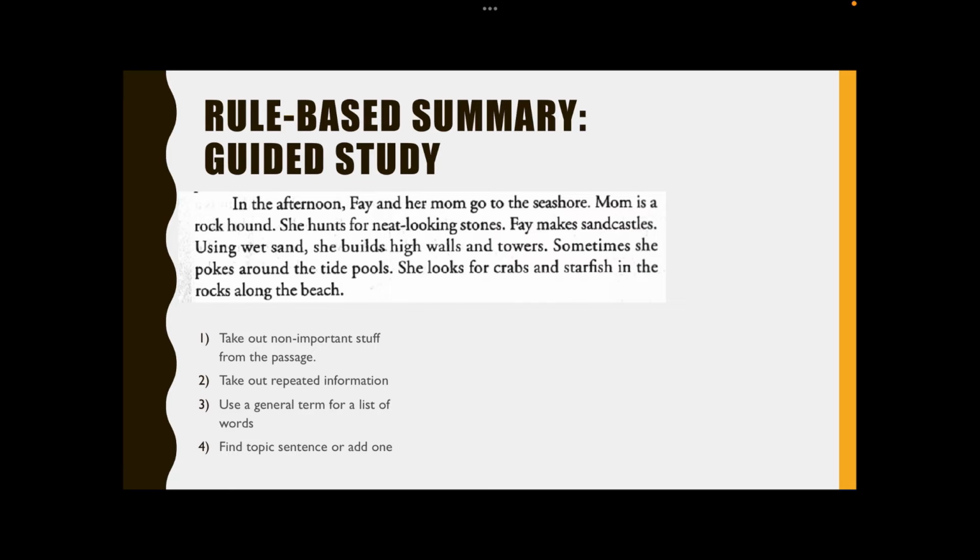All right, so y'all are going to help me do this one. I have the rules down at the bottom, so go ahead, take a minute to read this little paragraph, and we're going to do it together. All right, can anybody tell me a few things that are not very important?